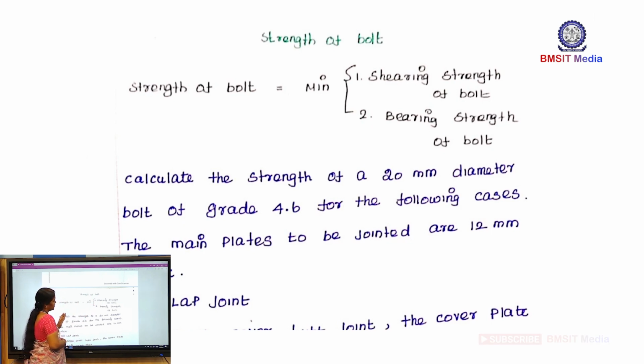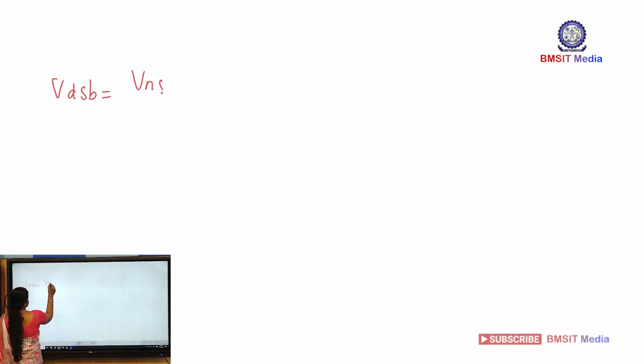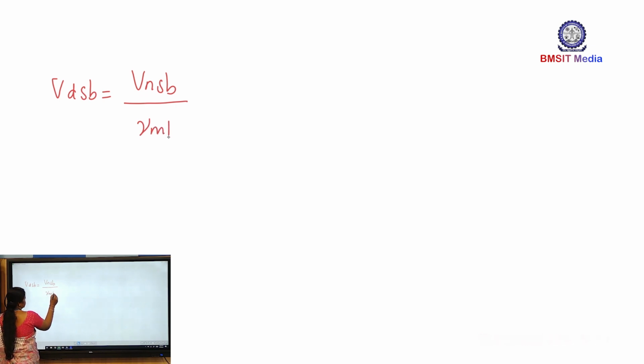So how will we calculate the shearing strength of the bolt? The design shear strength of the bolt, VDSB, equals VNSB divided by gamma MB. That is the nominal shear strength of the bolt divided by the partial factor of safety, gamma MB, which is 1.25.